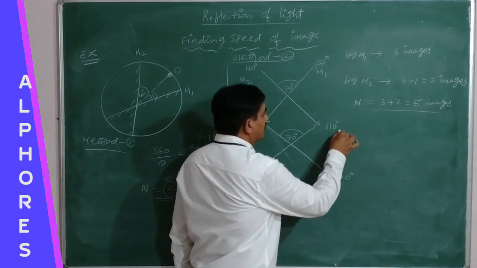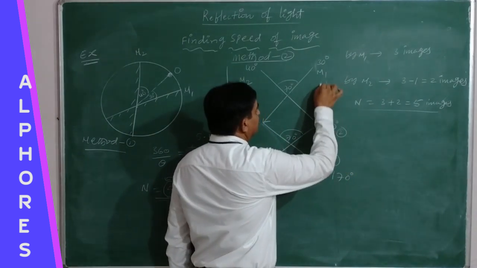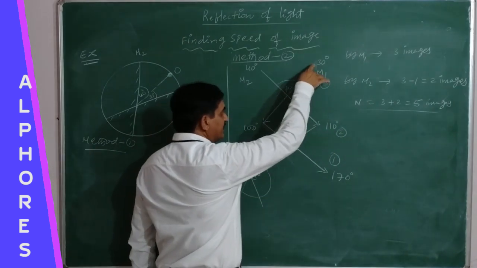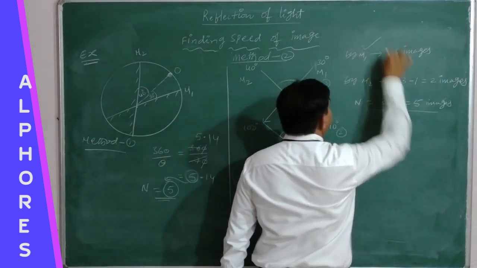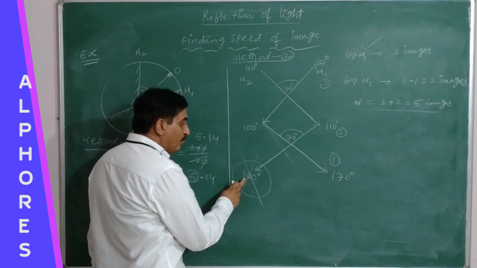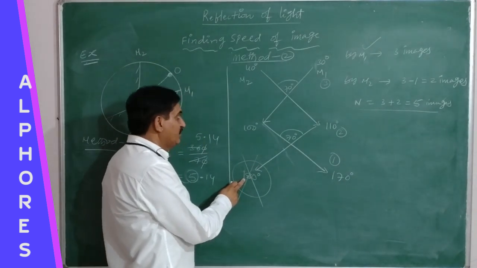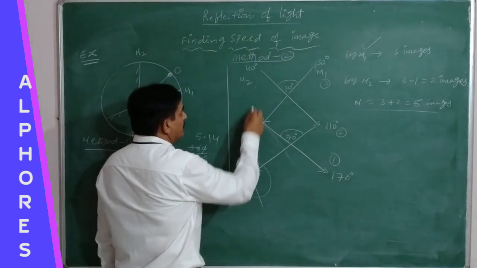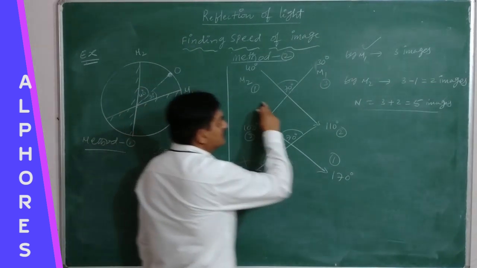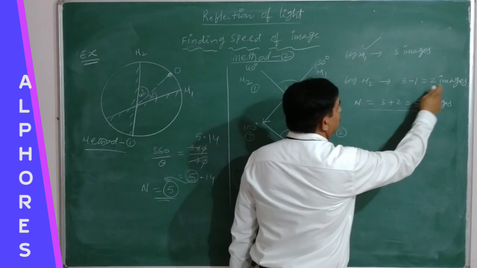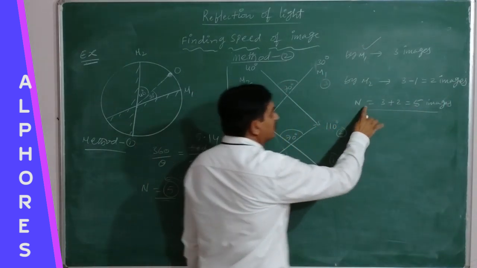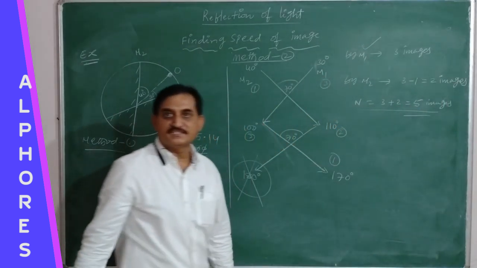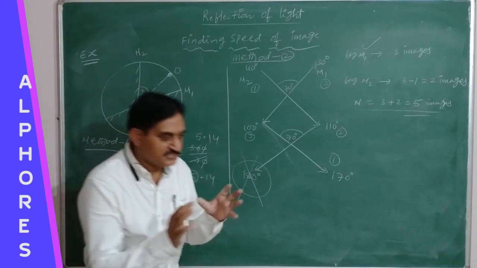Images 1, 2 and 3, so M1 is giving 3 images. And here 180 degrees is not taken into account, therefore M2 is forming 2 images, 1 and 2. Therefore 3 plus 2, as a whole the two mirrors are giving 5 images. So this is the way.